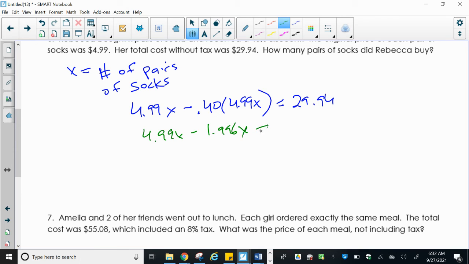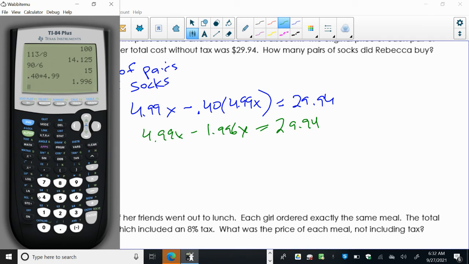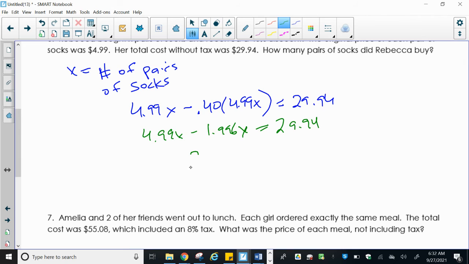We're not going to round in the middle of the problem. So now we do 4.99 minus 1.996, that's 2.994. 2.994x equals 29.94.